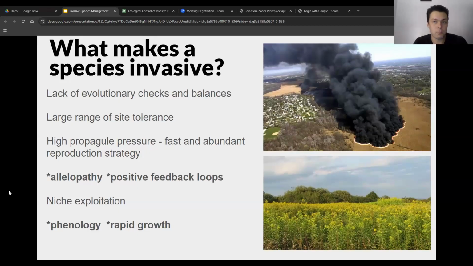And when it's dispersed to a new place, it's going to find conditions relatively similar to where that plant was native, because every invasive plant is native somewhere. And what it's going to have where it's invasive is a lack of evolutionary checks and balances.